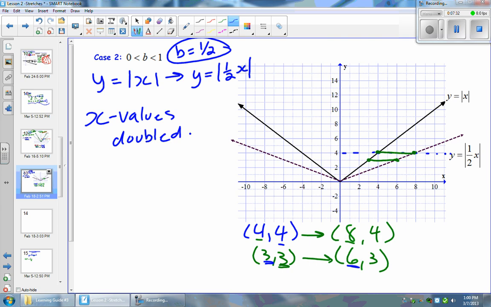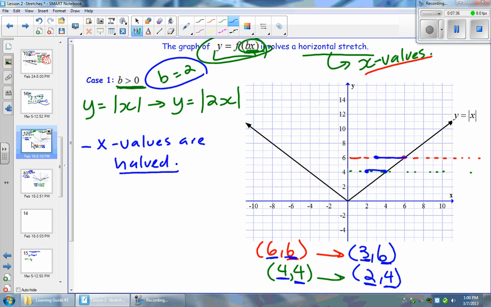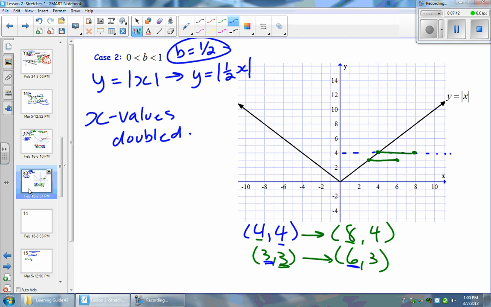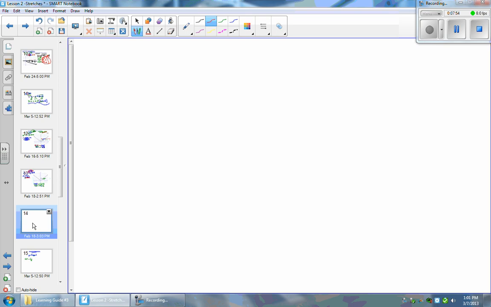So this is what makes this really interesting. From our first example, my b value was 2, but my x values were halved, okay? And in our second example, our b value was 1/2, but the x coordinates doubled, okay? So what can we conclude about the horizontally transformed function? Well, here it is.